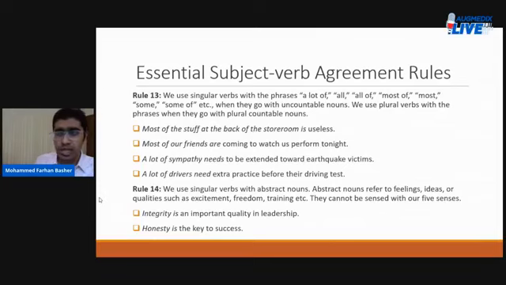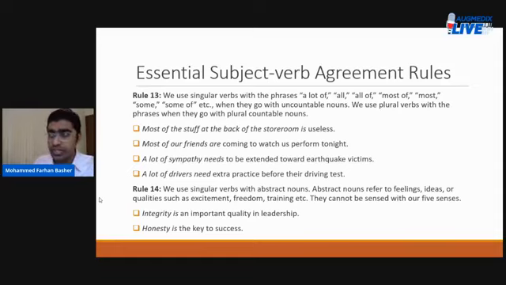So you see the phrases a lot of, all of, most, some of. These are phrases, and usually what we do is when we use them with uncountable nouns, right? And we learned this when we were discussing uncountable nouns, that right after uncountable nouns are singular. Therefore, since uncountable nouns are singular, the verbs that follow them must be singular as well.